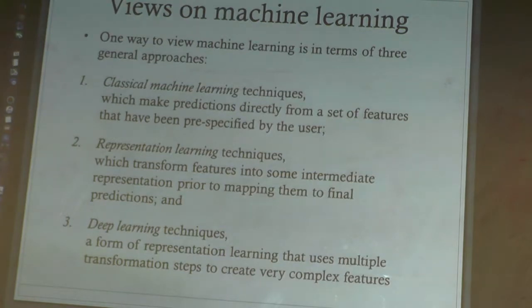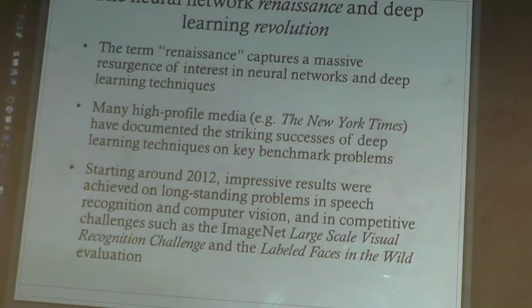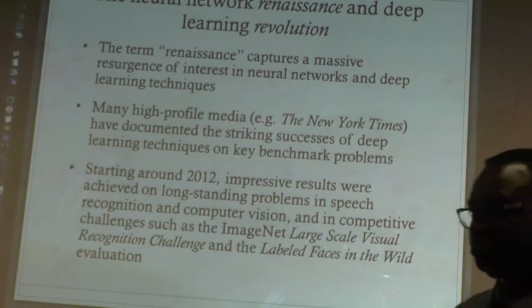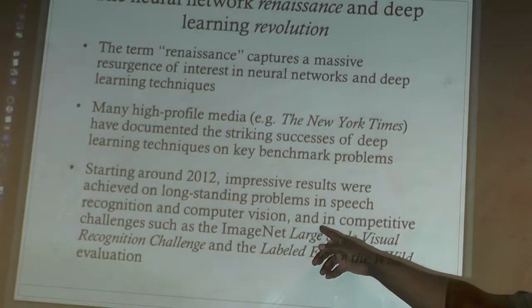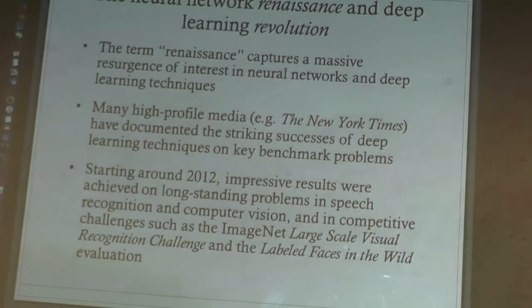Okay? Good. Now, the renaissance of deep learning actually started around 2012. It's very recent. The explosion in deep learning is 2012. And it came basically when a competition was launched by NIST. It's a United States institute, okay?